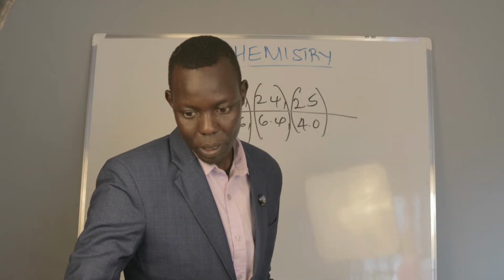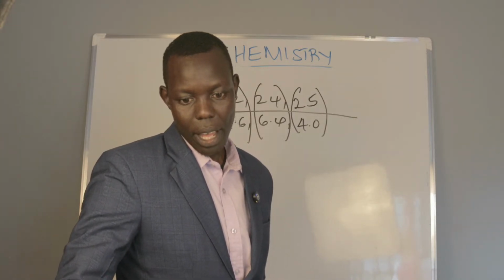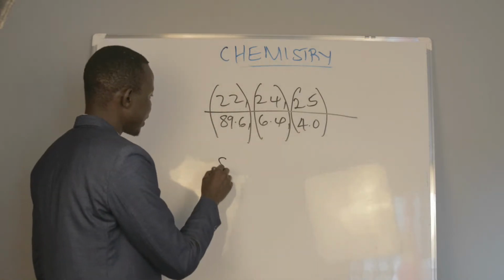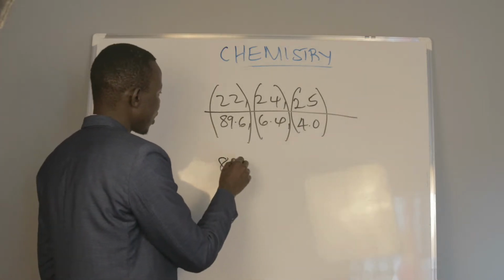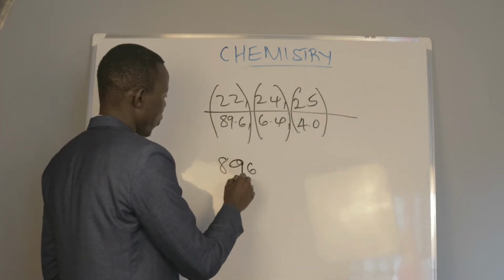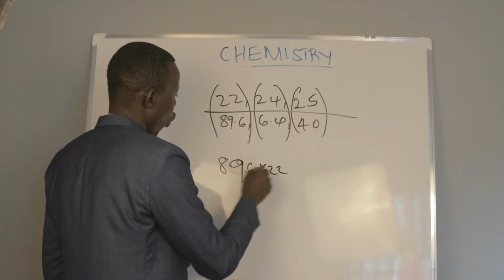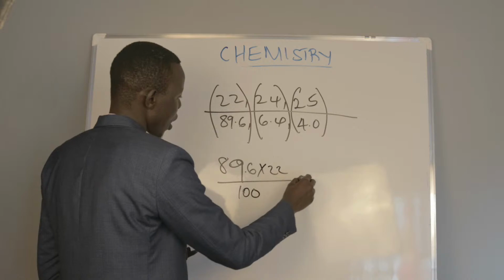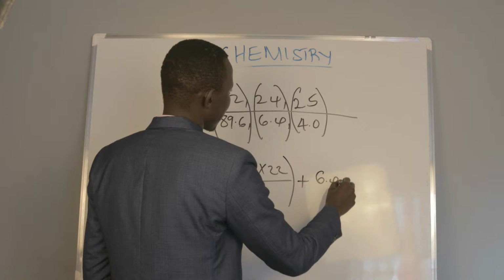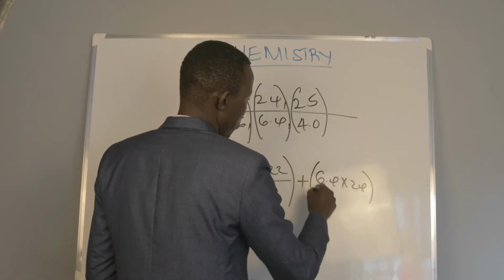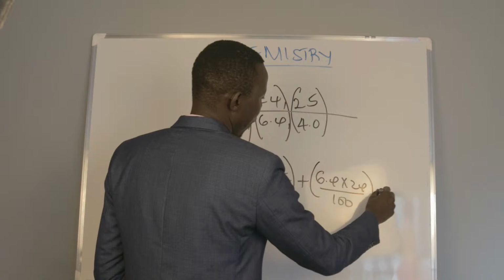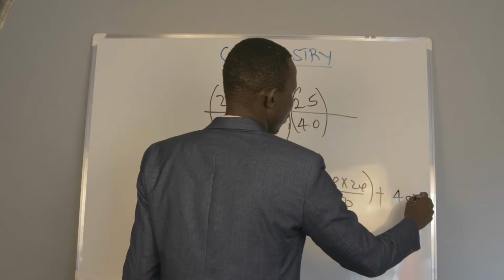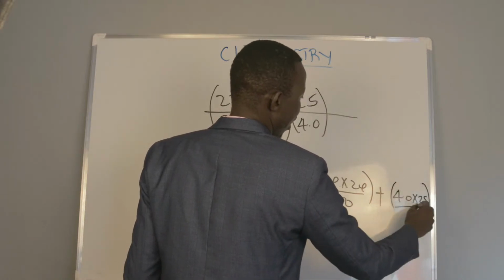Okay, I just want to calculate and see which one is which. So now, this is how it should go. 89.6 times 22 over 100, plus 6.4 times 24 over 100, plus 4.0 times 25 over 100.